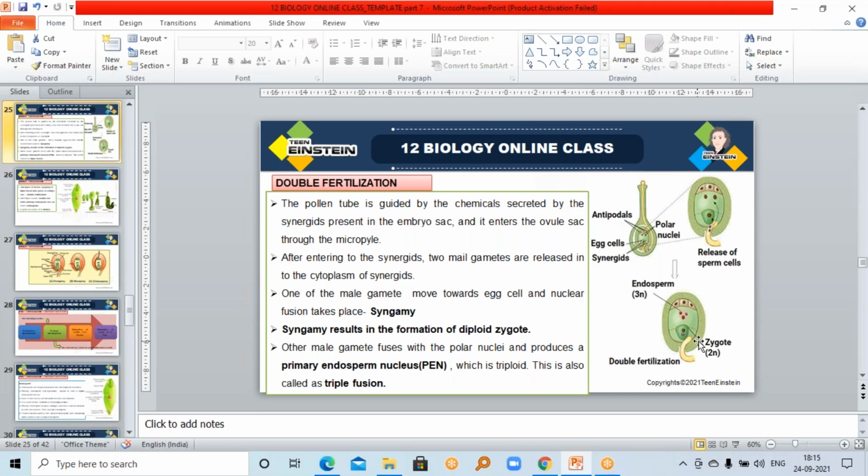So that is a triploid condition with 3n chromosomes. It is also called the primary endosperm nucleus. Don't forget primary endosperm nucleus.